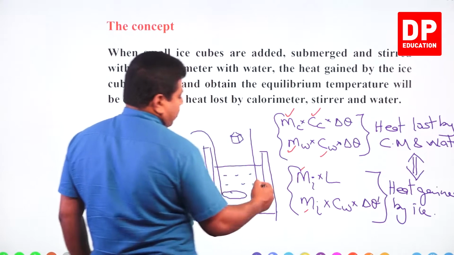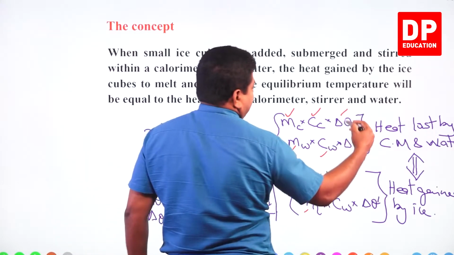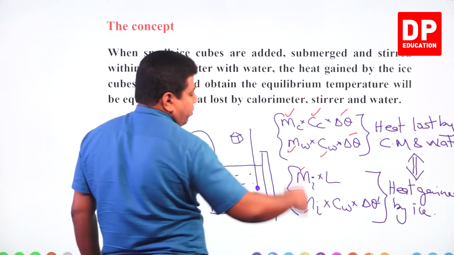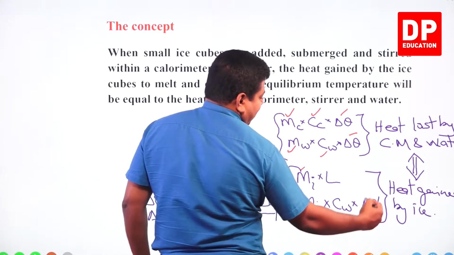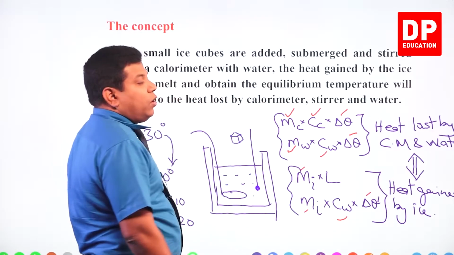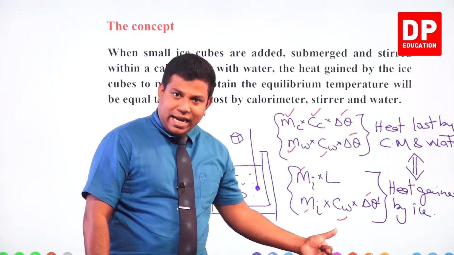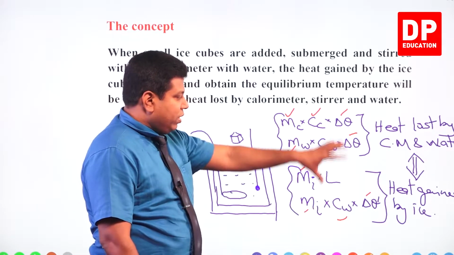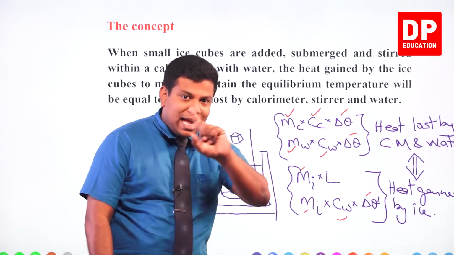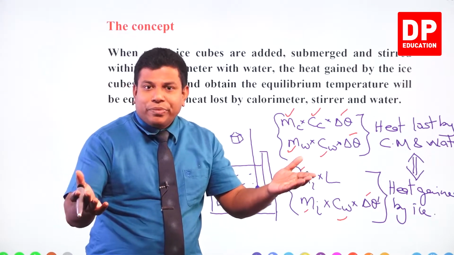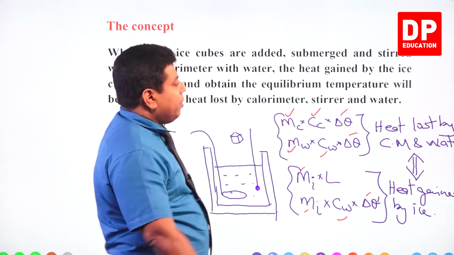Delta theta, since we know the temperatures, we know delta theta. Cw 4200, delta theta dash also we know. Only unknown quantity is going to be L. Right. So by equating these two, we know all other parameters other than L. Find L. That's what this experiment is all about.